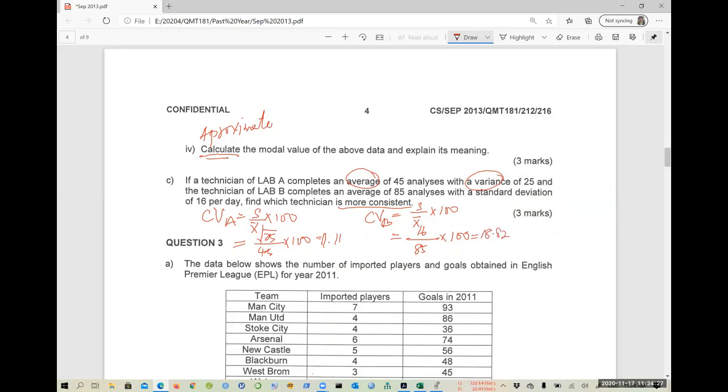Okay, 18.82. So the question wants a more consistent. So if you want a more consistent distribution, look at the lower CV.